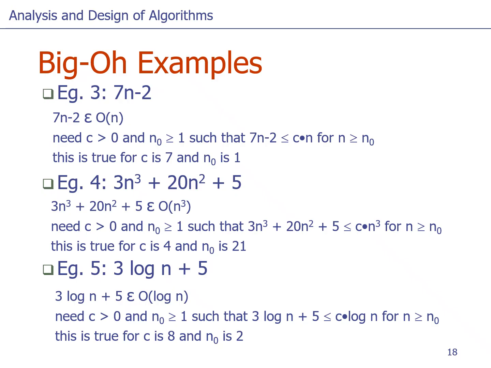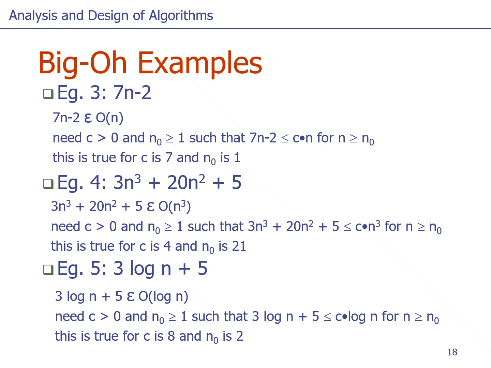I'll do a bit of mathematical manipulation and I will find that if I set my c equal to 4, then after n being 21, since n naught is 21, the O of 4n cubed is going to be above this curve.